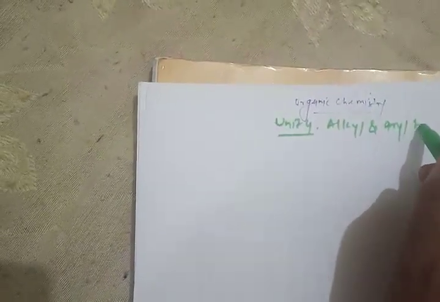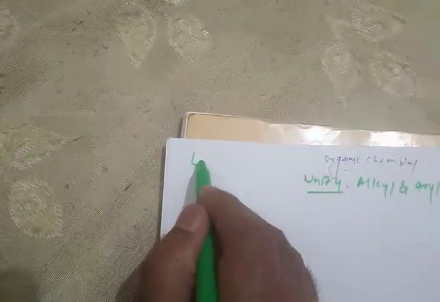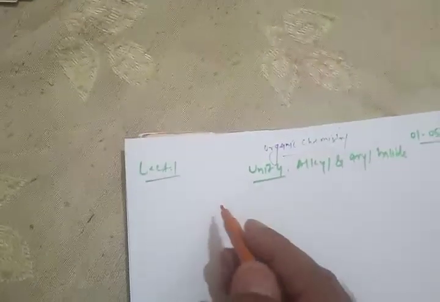We will discuss first the alkyl halide, followed by the aryl halide. This is the first lecture of this unit, and I hope you are all well where you are living. So let's start the discussion of this topic, alkyl halides.